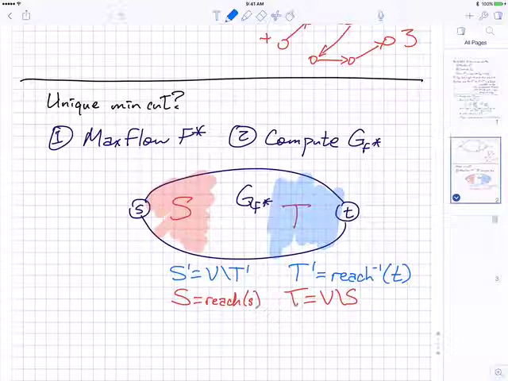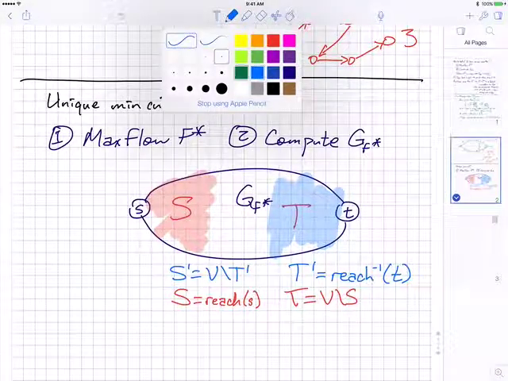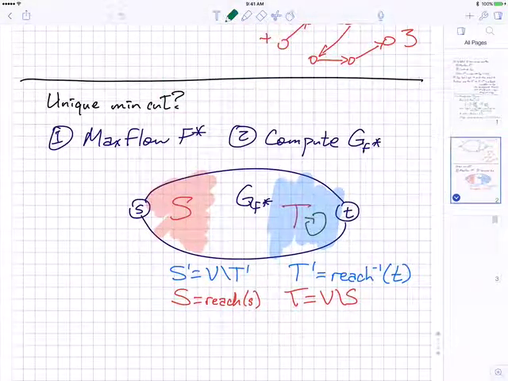I might very well have a unique minimum cut, but nevertheless, in the residual graph, I might have a cycle sitting over here that I can push flow around. So the cut might be unique even though the flow isn't. And similarly, the cuts might be different even though the residual graph is a DAG. So the uniqueness of these two things is just completely different.